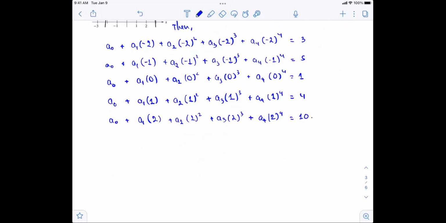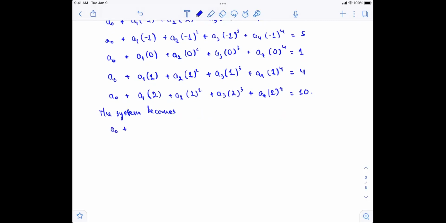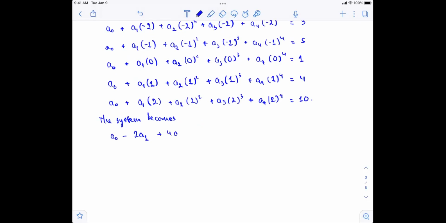All right. So now you can quickly calculate the value of -2 squared, -2 cubed, and so on, so you don't have to keep writing the power anymore. Okay, so the system becomes a0 minus 2a1 plus 4a2 minus 8a3 plus 16a4 equal to 3.